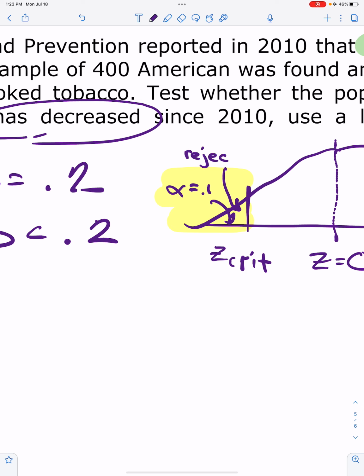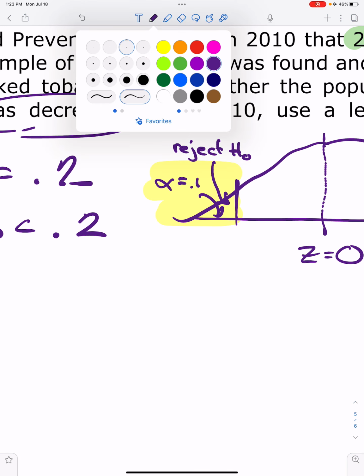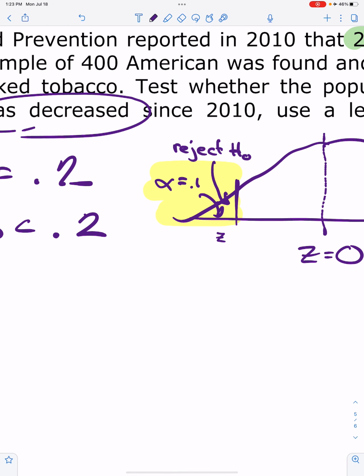So we are going to reject H naught if something falls into this region. So our cutoff score here, norm.s.inverse.